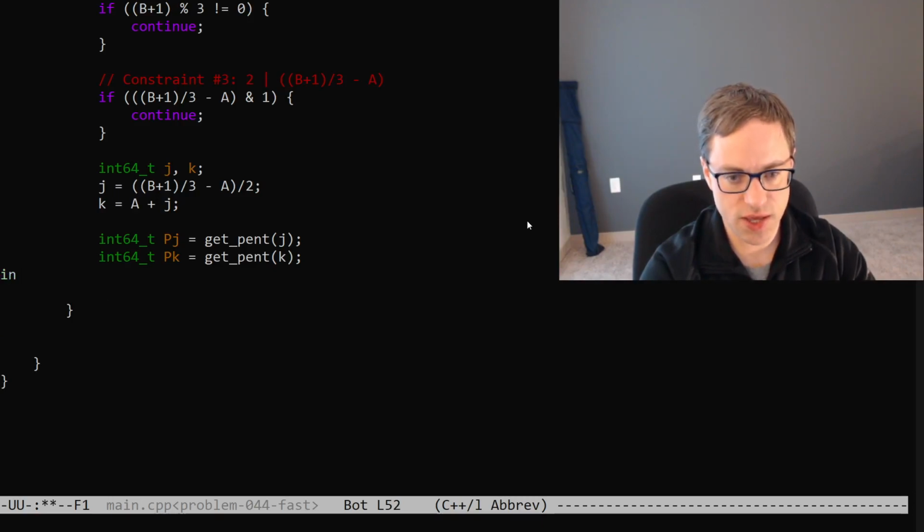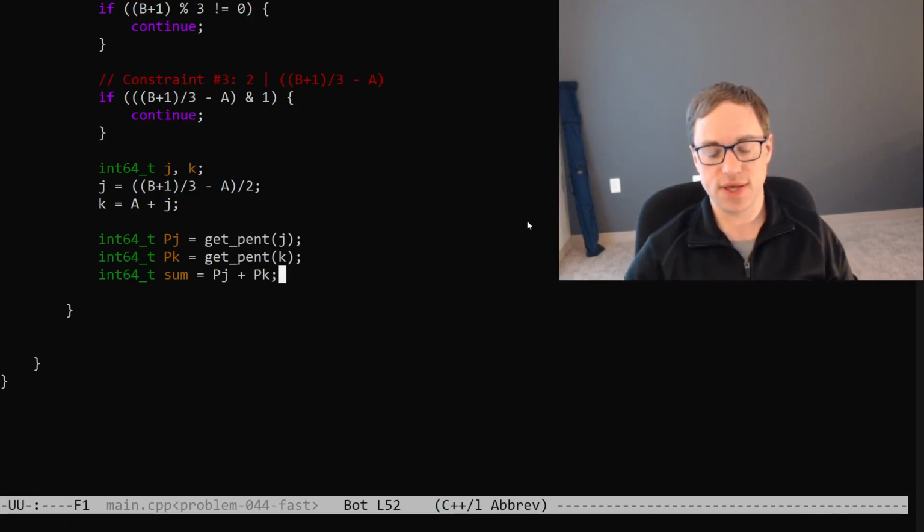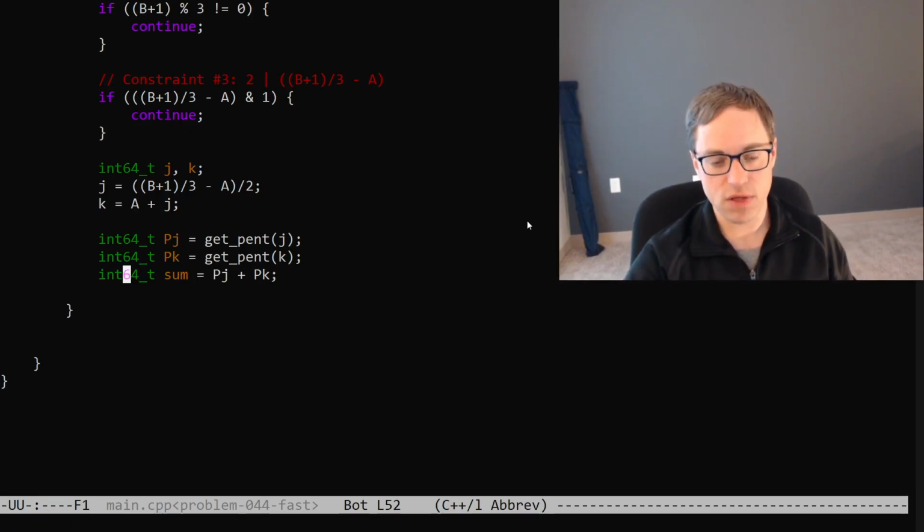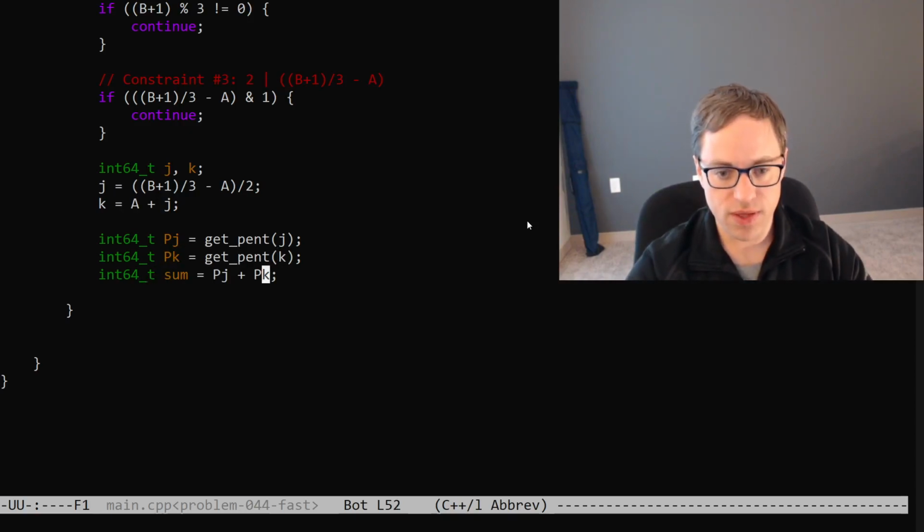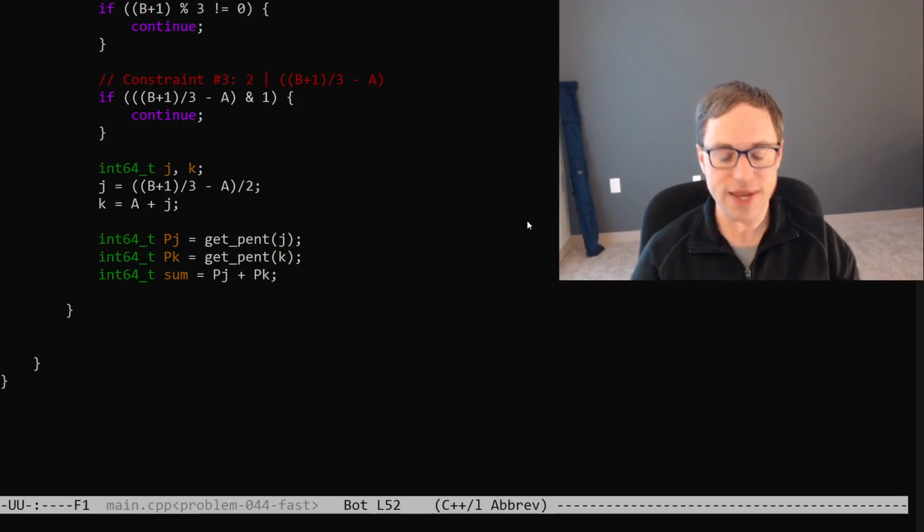Then we'll say let their sum be p_j plus p_k. And we need to check that this number is pentagonal. Recall that we already know that the other 3 values are pentagonal, so this is our last check.